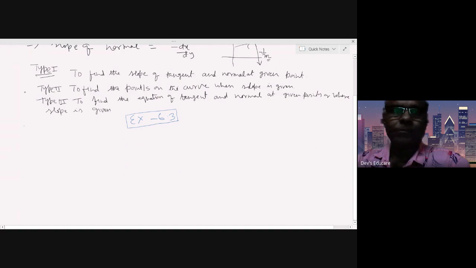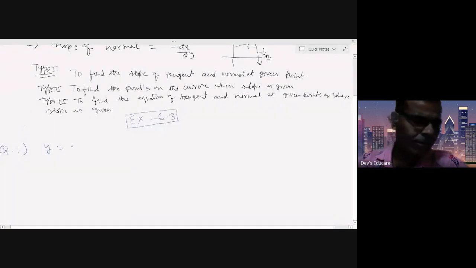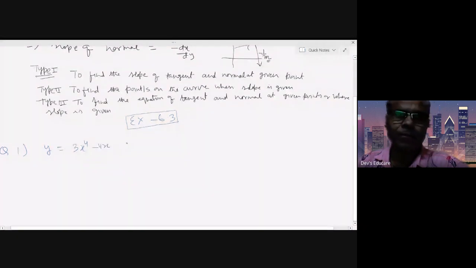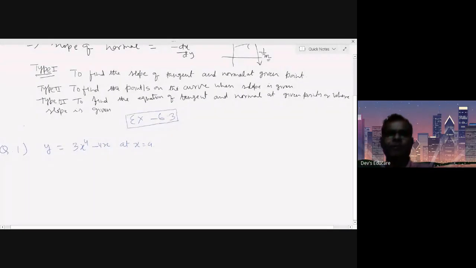Question number 1: find the slope of the tangent to the curve y equals 3x to the power 4 minus 4x at x equals 4.